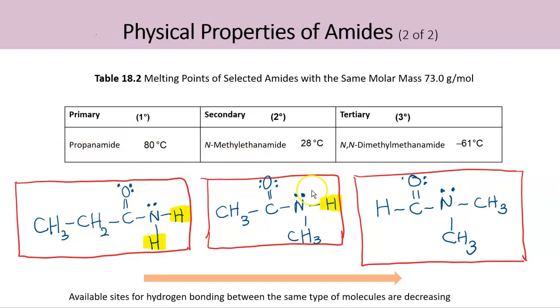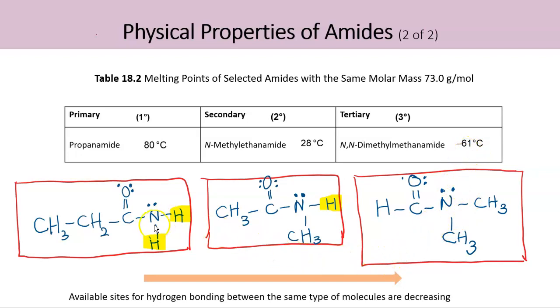In the second example, there's only one hydrogen atom available for hydrogen bonding, so it has an intermediate melting point, and in the tertiary, there are no hydrogen atoms available for hydrogen bonding. So that means a very low amount of intermolecular interactions, and its melting point is very, very low.